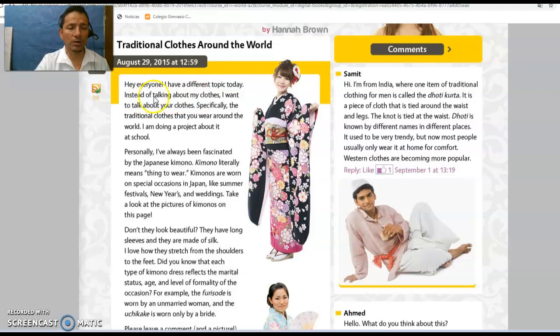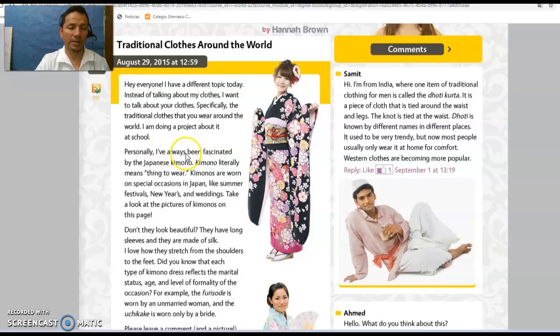Instead of talking about my clothes, I want to talk about your clothes, especially the traditional clothes that you wear around the world. I am doing a project about it at school.